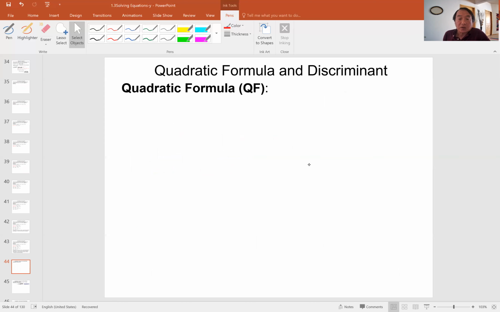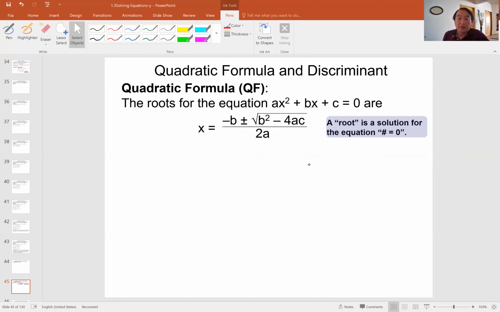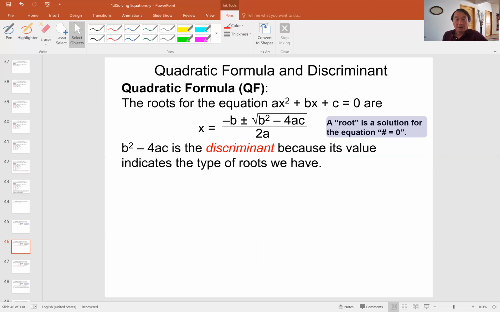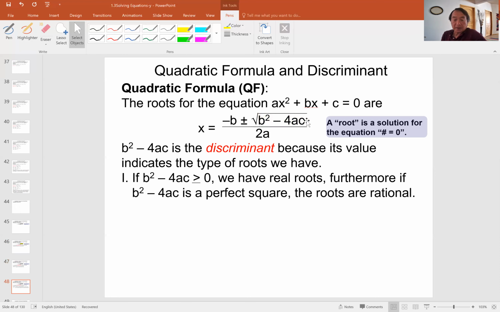But if the formula cannot be factored, then we use the quadratic formula. And here's the quadratic formula. And then the inner part of the quadratic formula, which is very important. And here we list the properties. What happens if the number is positive?